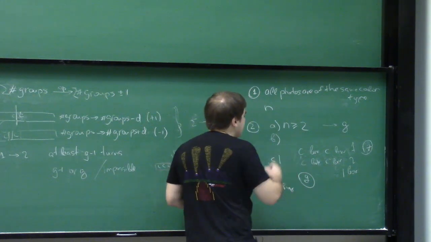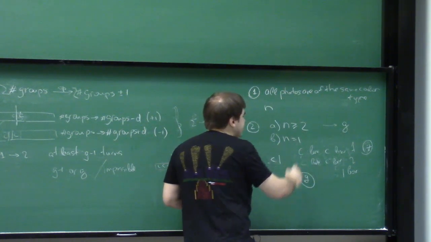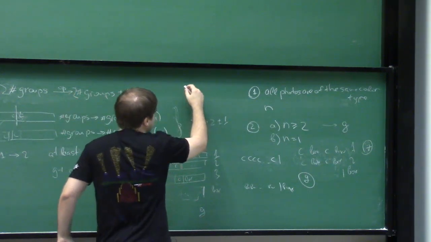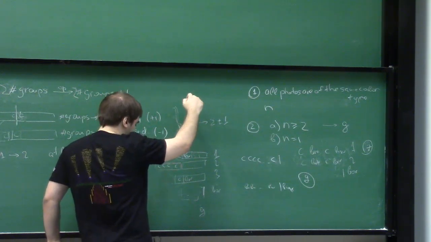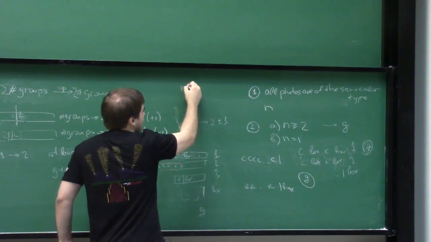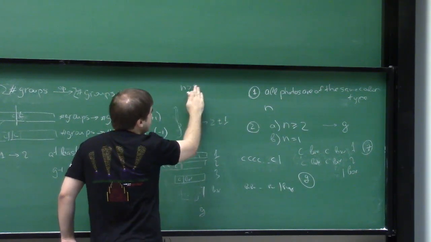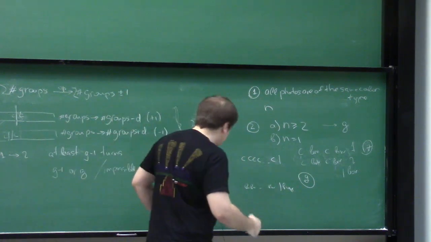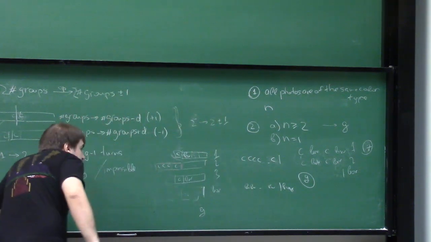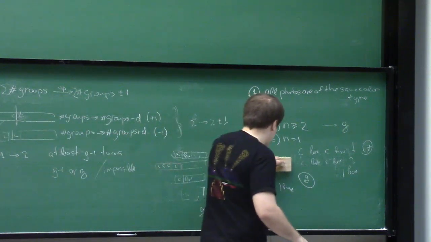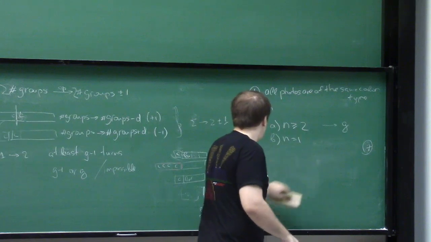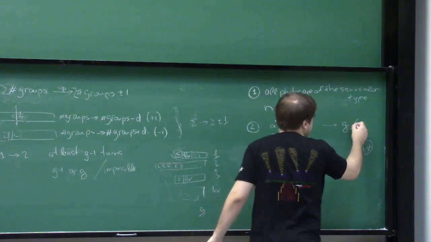In the case when n equals 1, there is a special situation. You should have found that if we have at least 5 groups in a single stack, let's return back here. This is what we have: G or G minus 1.